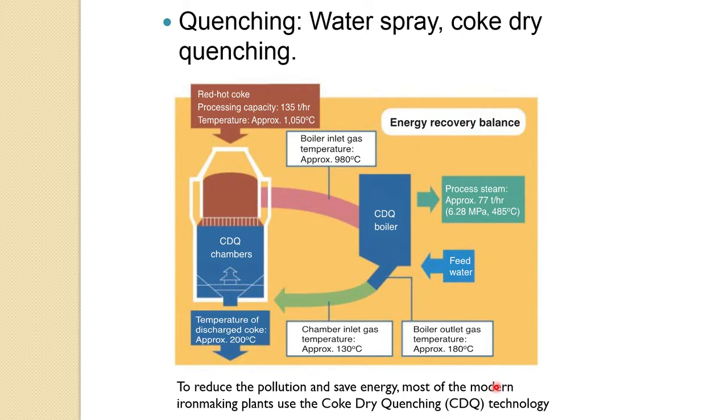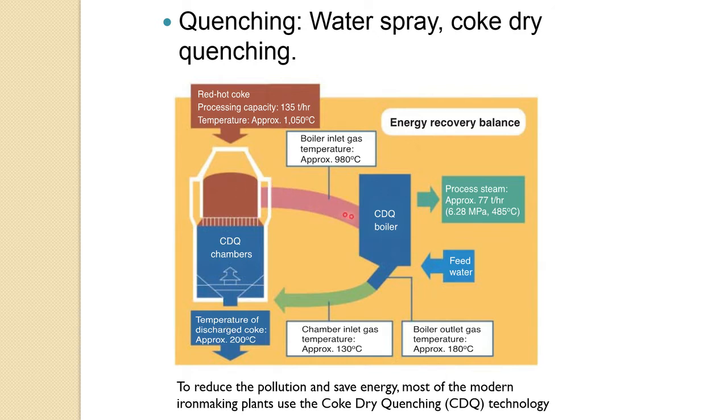In this, the hot coke comes into the container and you blow inert gas through it, which cools it down to an acceptable temperature of about 200 degrees Celsius, and it can then be sent to the blast furnace without further oxidizing in the atmosphere.